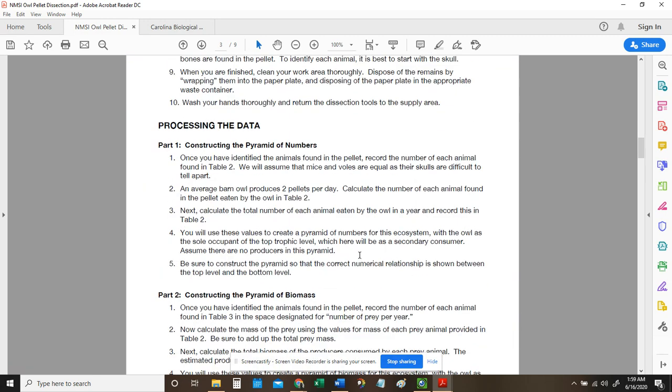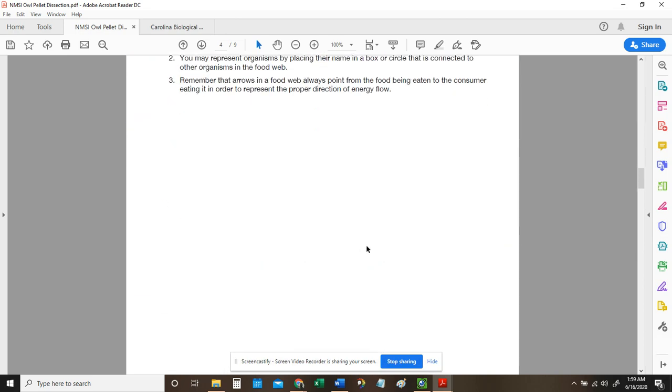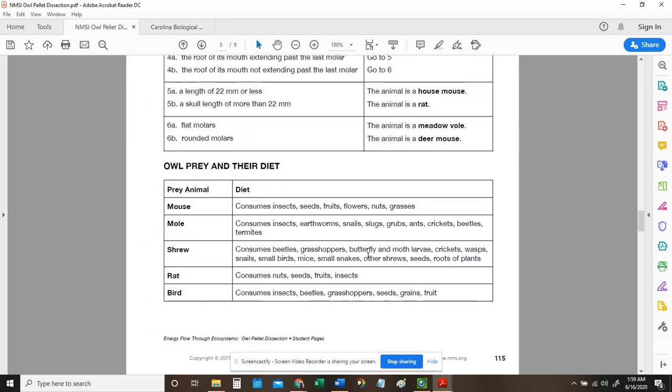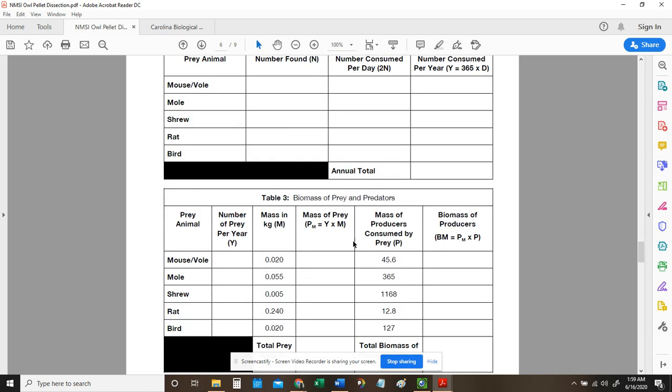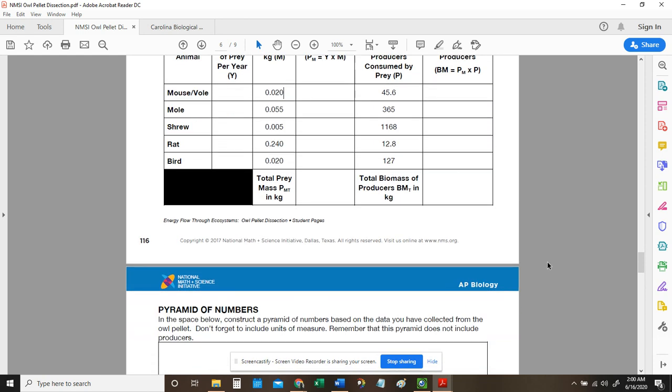And like I tell most of my teachers and other students, the numbers here are not super set in stone. So if you have an issue with using these ratios of producers and mass for all these different ones, that's fine as long as they're able to make the practice and apply the stuff at the end.